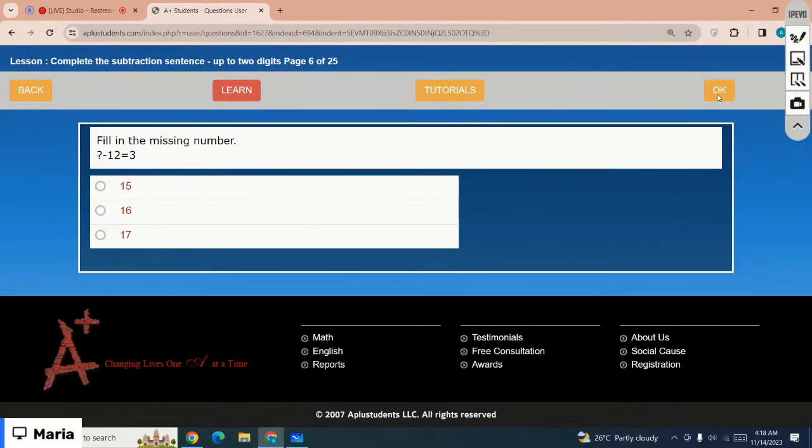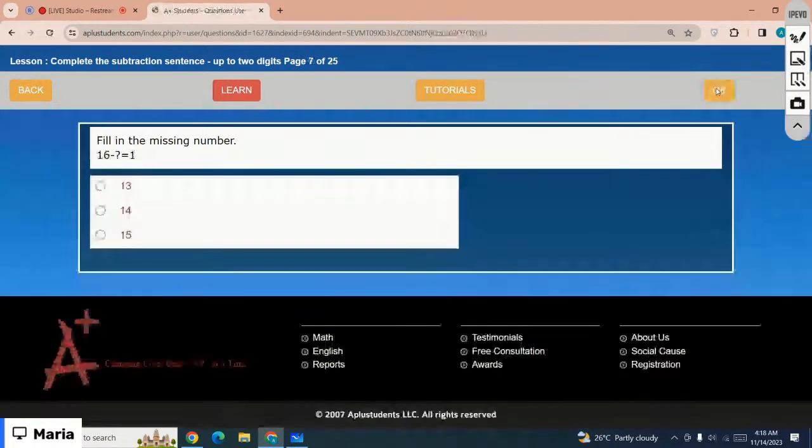The correct option is, yes, that would be 15 minus 12 equals 3. The correct option is 15. Very good.